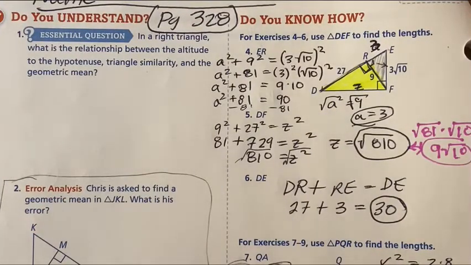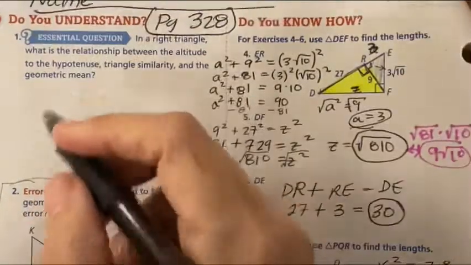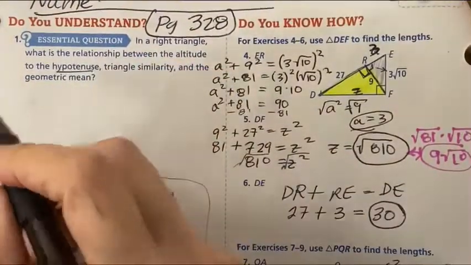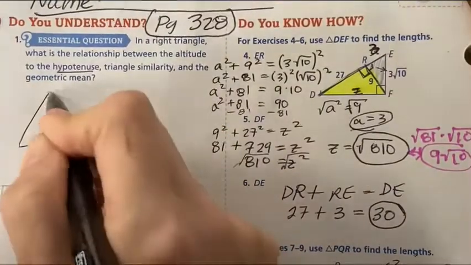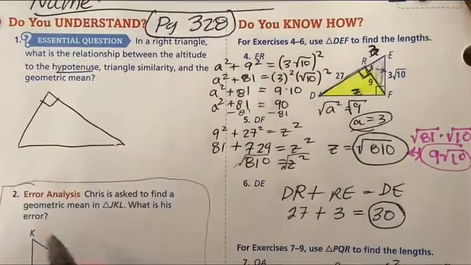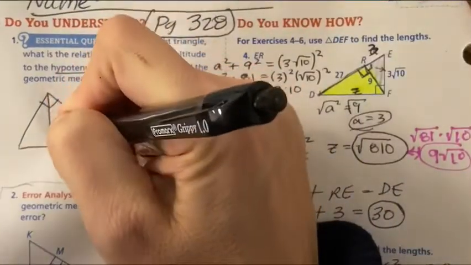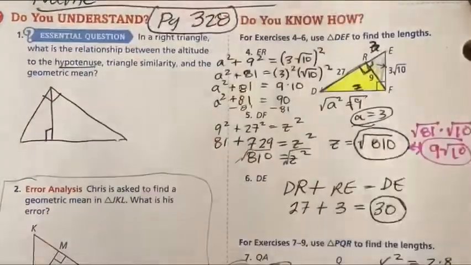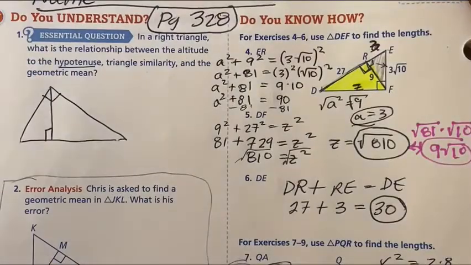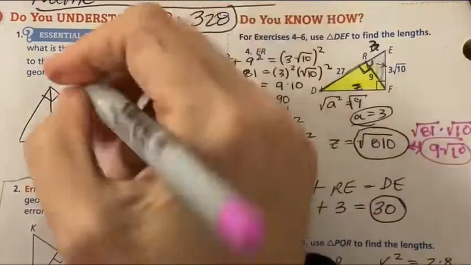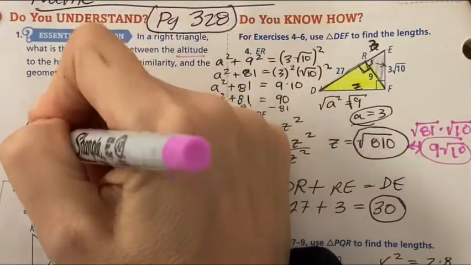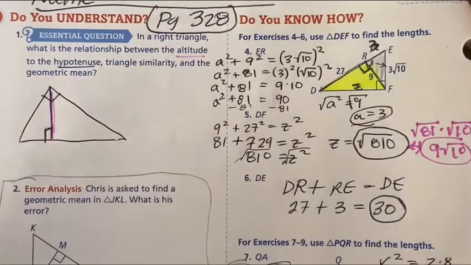Question number 1 says, in a right triangle, what is the relationship between the altitude and the hypotenuse? So if I have a right triangle, which we've been practicing drawing like this, what's the relationship of the altitude to the hypotenuse?